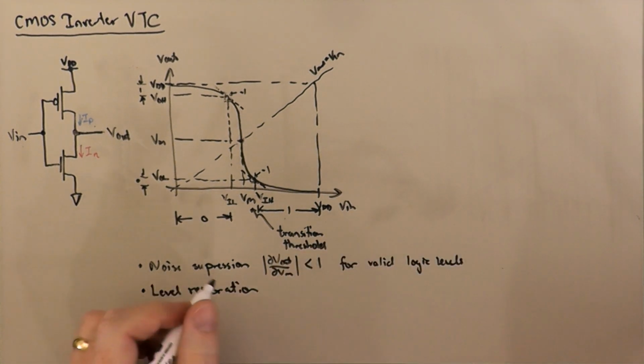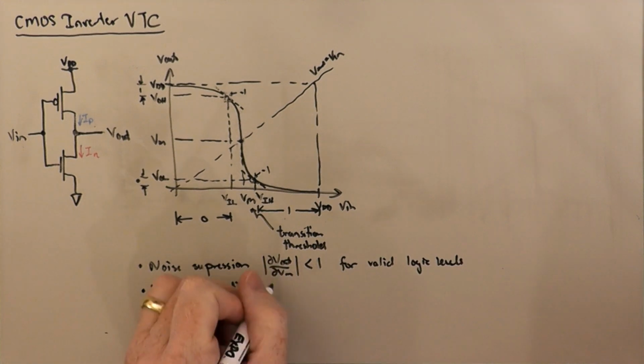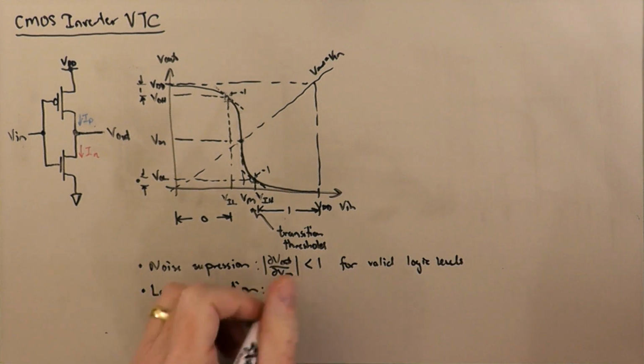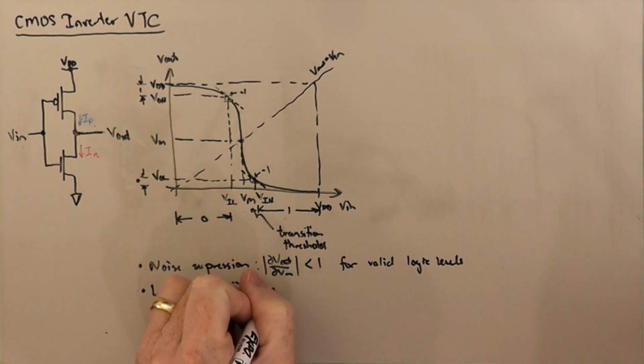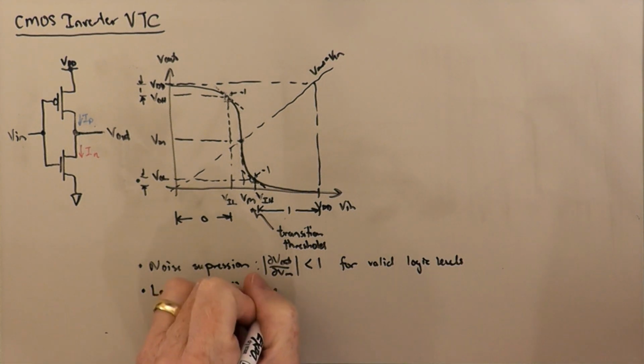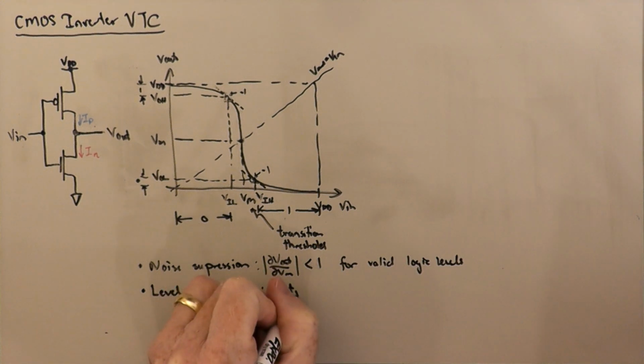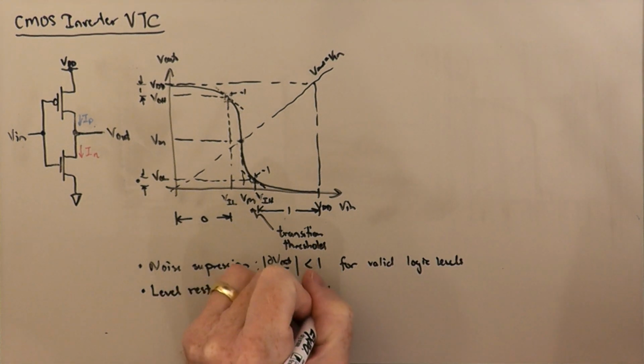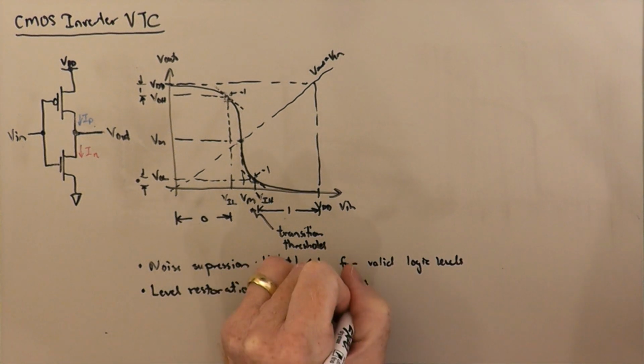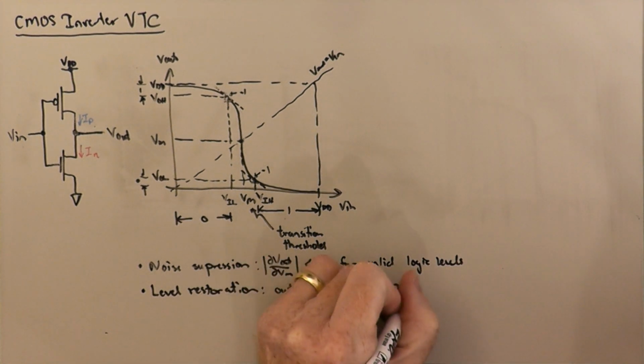And in this case, we have the output near the opposite rail from the input.